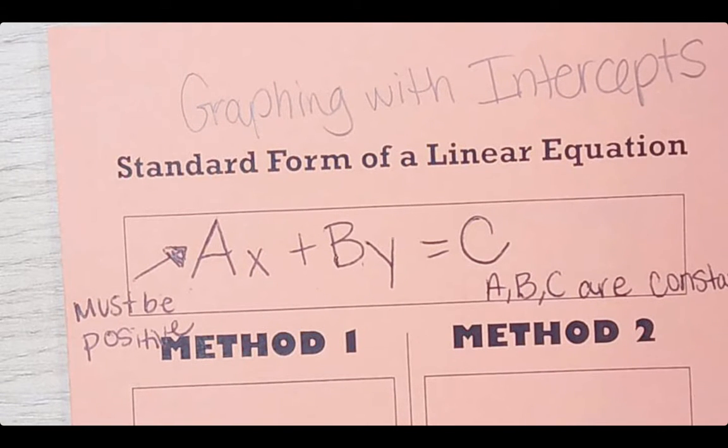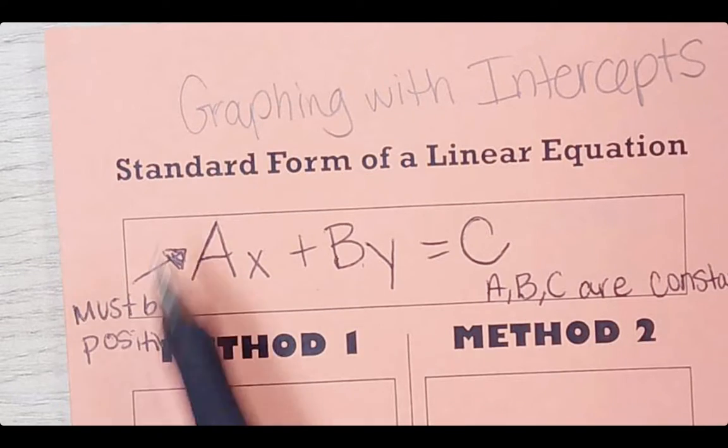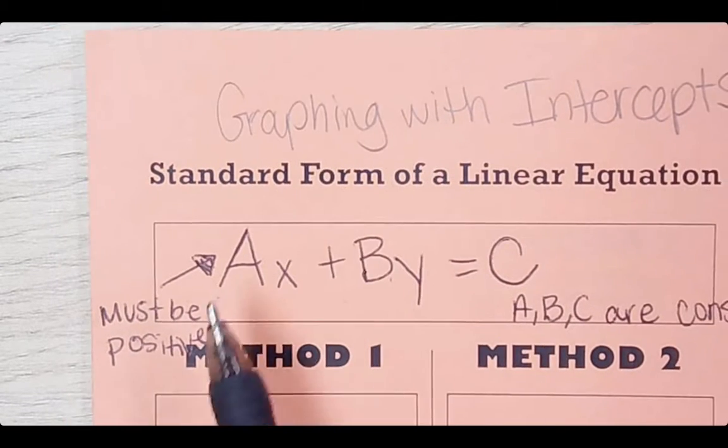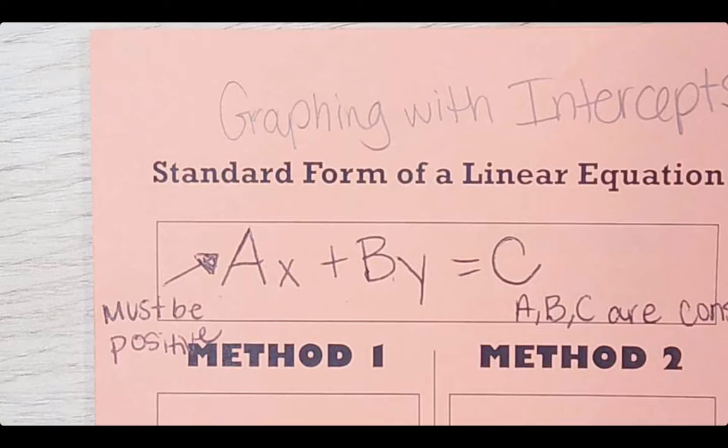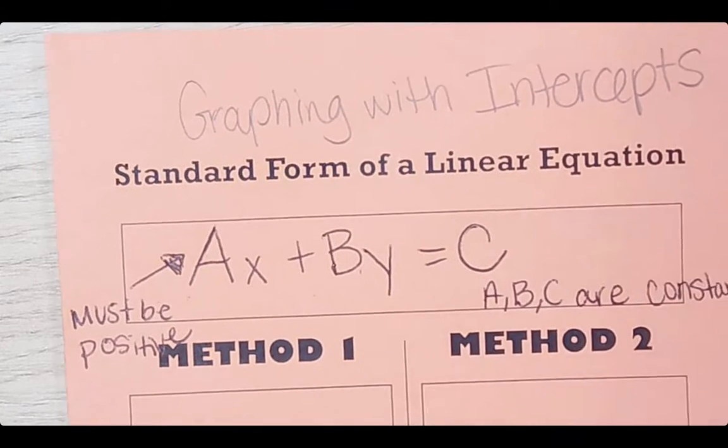Okay, so there are two ways to graph functions. If you have it in standard form, or just not in the y equals mx plus b form, then we've got to do one of two things.